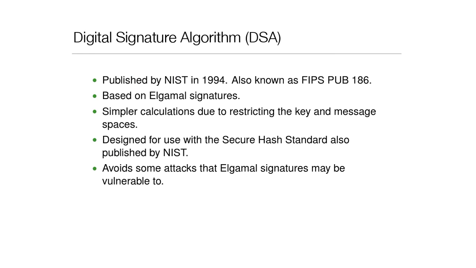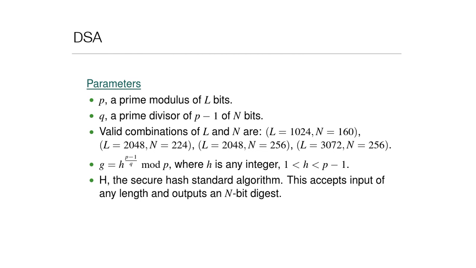So these are the differences, and keep in mind that the DSA algorithm is an improvement or variation of the El-Gamal signature algorithm, eliminating some attacks on El-Gamal as well as making it more efficient to compute.